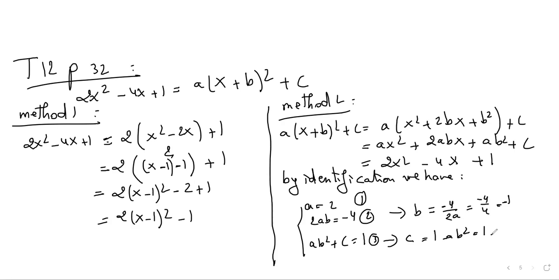So it will be 1 minus 2 times (negative 1) squared, which is 1 minus 2, so it's negative 1. So I can write the expression in this form, substituting a by 2, b by negative 1, and c by negative 1. So 2x squared minus 4x plus 1 is equal to 2 times (x minus 1) squared minus 1.